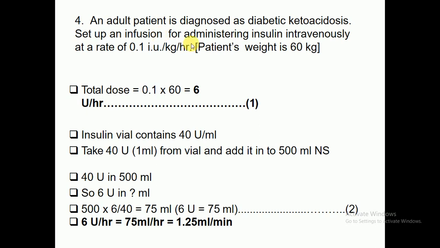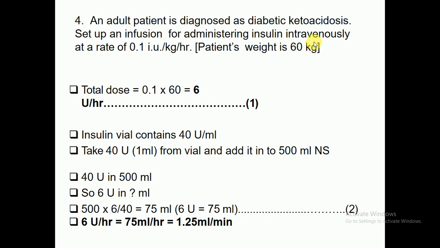Set up an infusion for administering insulin intravenously at the rate of 0.1 IU per kg per hour, and the patient weight is 60 kg.